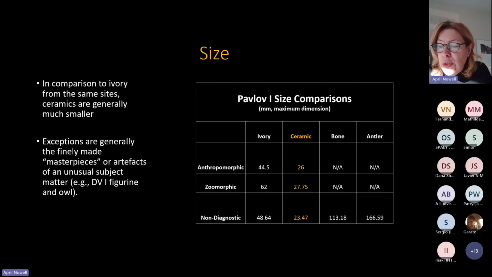And the same thing when you look at ceramic non-figurative or non-diagnostic pieces, they're about half the size of similar ones in ivory, and even smaller than the ones made in bone or antler. So statistically, the figures made out of ceramics are significantly smaller than other materials used to make art at these sites.